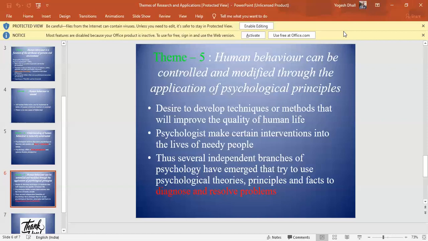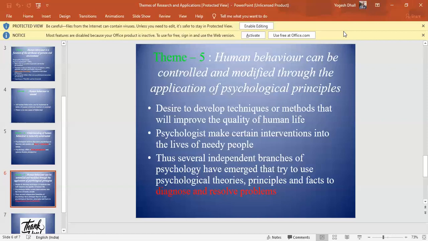Still people think that only mad people need psychologists, or that if you visit any psychiatrist then you are abnormal. So the perspective towards psychologists or psychiatrists in India has not changed. Only educated people know their importance in life.